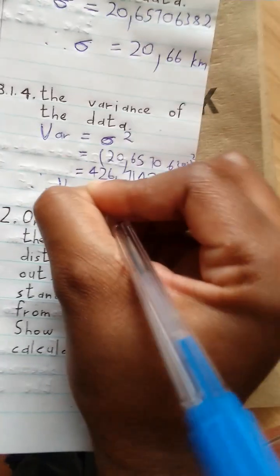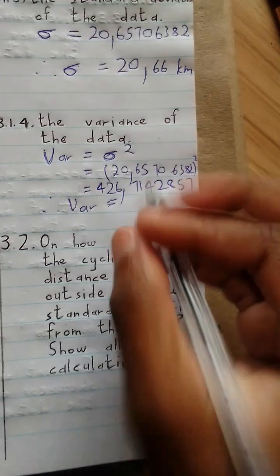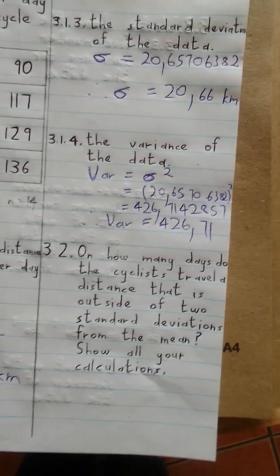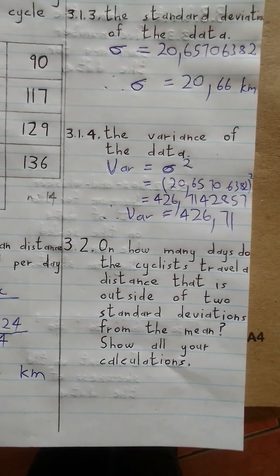Variance is 426,71. Okay, hope that is clear and I hope that makes sense.